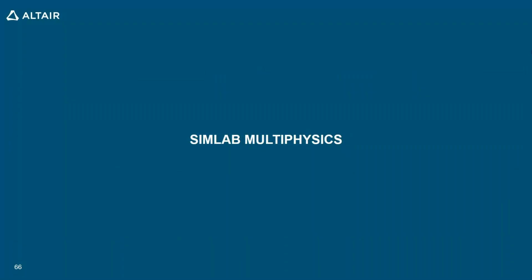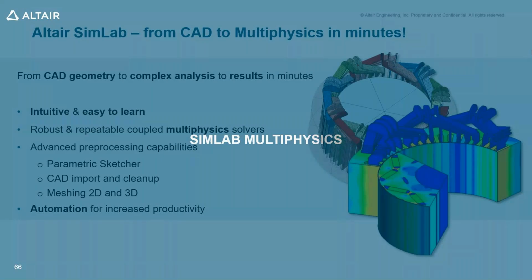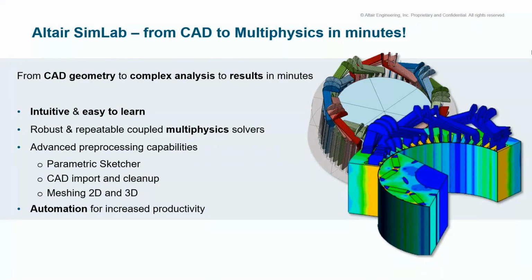Coming to SimLab multiphysics. SimLab is a powerful multiphysics simulation tool where you can perform structural coupled thermal simulation, thermal coupled CFD simulation, electromagnetic coupled thermal simulation, or electromagnetic coupled structural simulation.